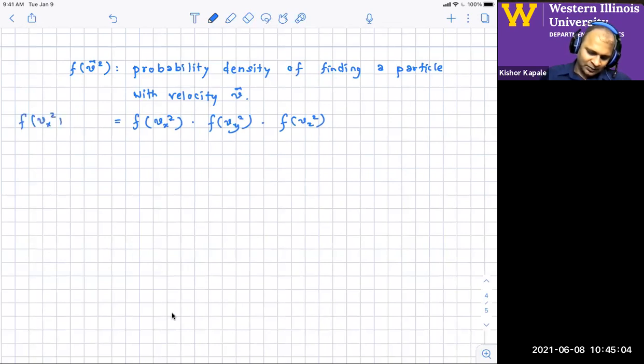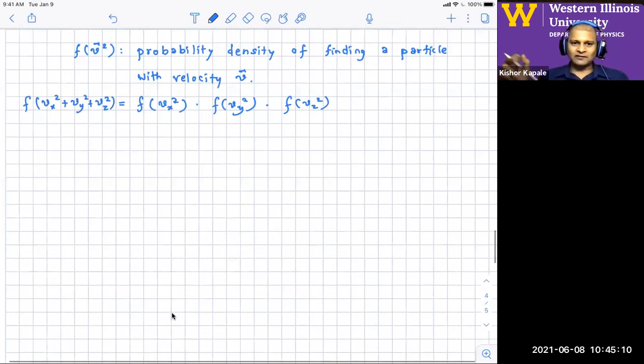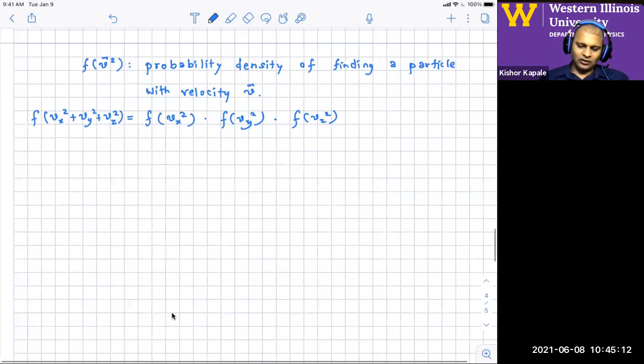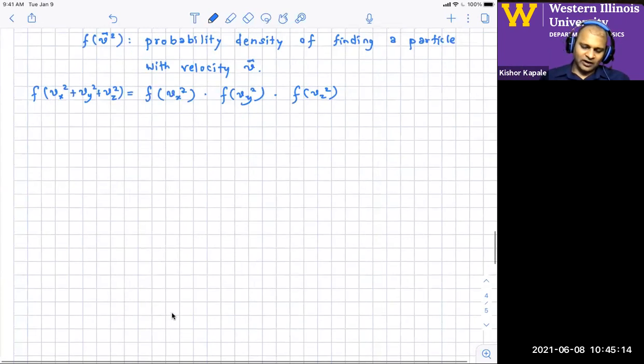So a function of vx squared plus vy squared plus vz squared that splits into product form can only happen for an exponential function. That means f of v squared is going to be some constant c times exponent of a times v squared.